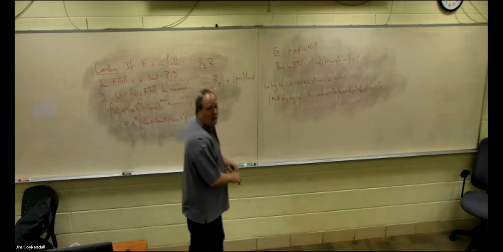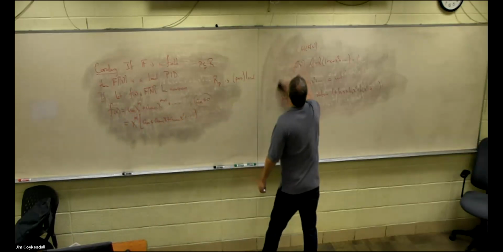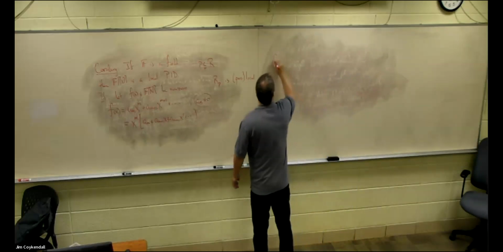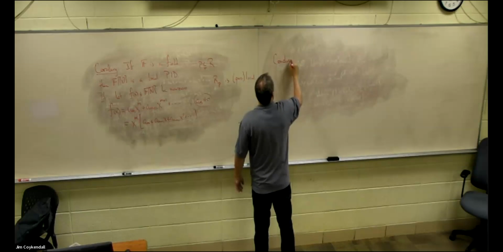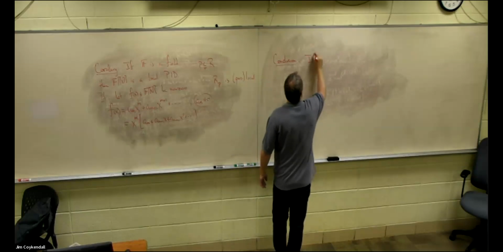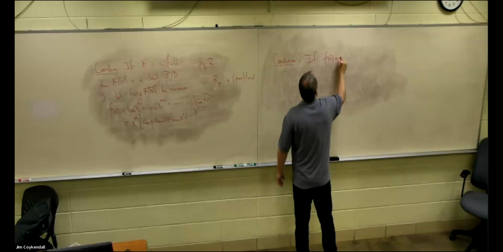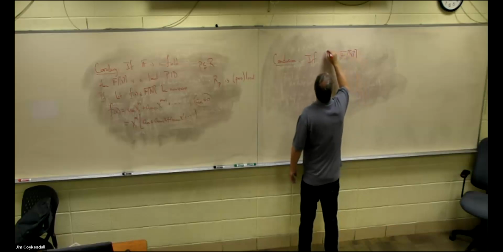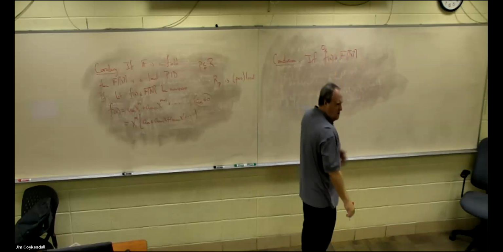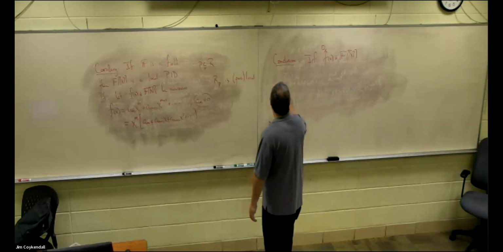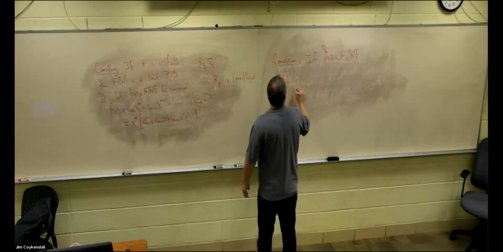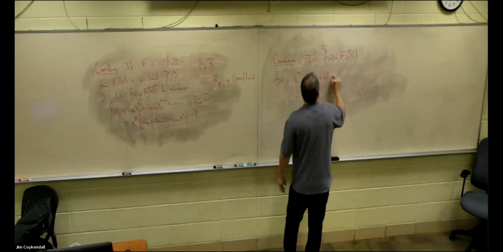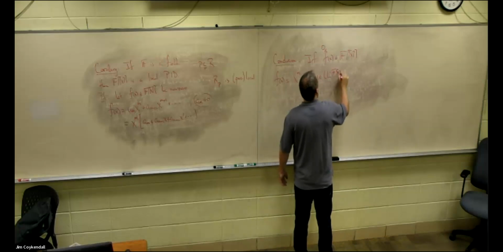There's a nifty conclusion that we can come to from all this. Conclusion: if f(x) is in F[[x]] and not zero, then f(x) is equal to x^m times u, with u a unit in F[[x]].